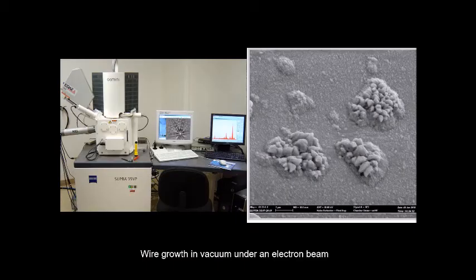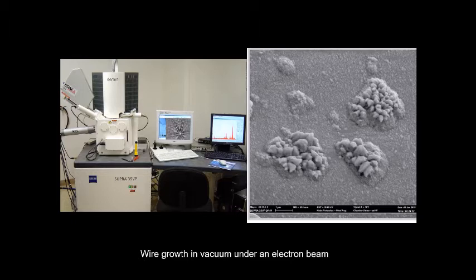We can also produce silver wires, or at least the initiation of silver wires, in vacuum using a scanning electron microscope. On the left is an image of the SEM at Miami University, and on the right is an image of the growth, or the incipient growth, of silver wires under the electron beam.